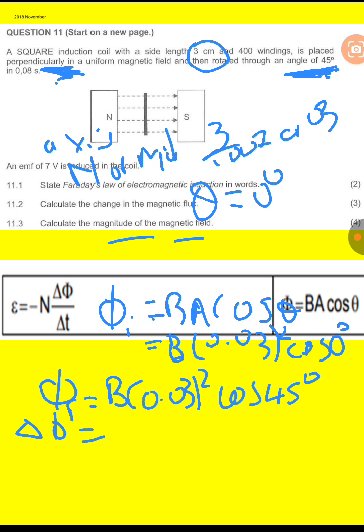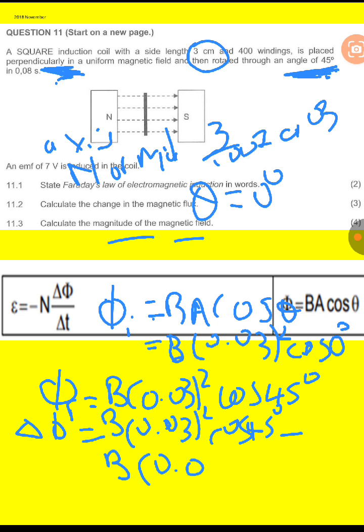So our final is B times 0.03 squared cos 45, minus B times 0.03 squared cos 0. So this is the final, and this is the initial.